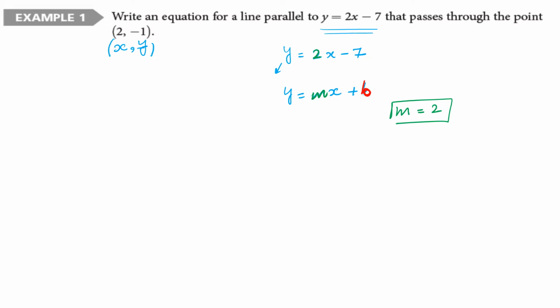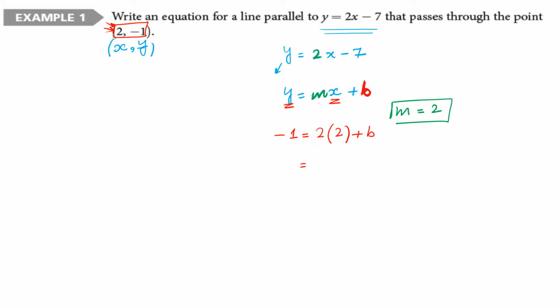So for that reason, replace the y and x by the coordinates given in the question. So in place of y, we will write negative 1. Replace the m by 2. In place of x, we will write this 2 that is given in the points, plus b.